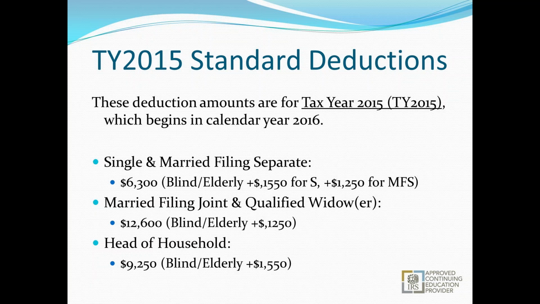You can see that there are additional amounts listed here for blind and elderly. It's the same for either one. So in the case, for instance, of a single taxpayer, that's $6,300. If he happened to be blind, he'd get an additional $1,550. If he was elderly, he'd get $1,550 extra.